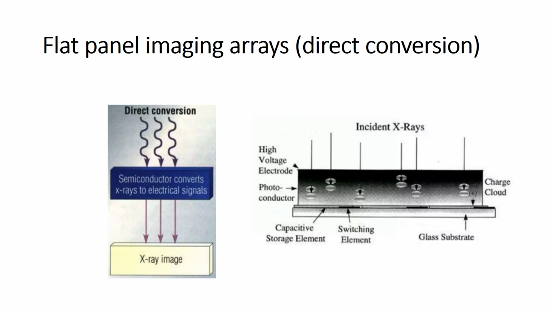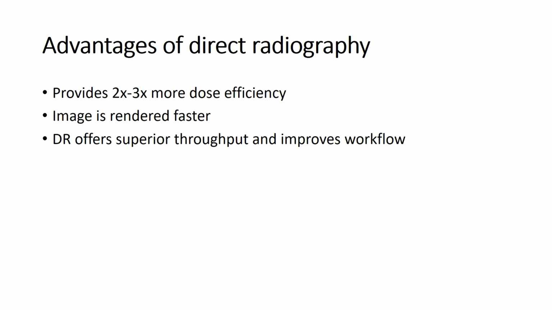Here the X-ray photons directly interact with the semiconductor present in the direct digital plate, which converts X-rays to an electrical signal, and that electrical signal goes to the computer, and the computer converts that electrical signal into the X-ray image, and that X-ray image we can see on the monitor. So, this is a direct method. You can directly use X-rays to form an image.